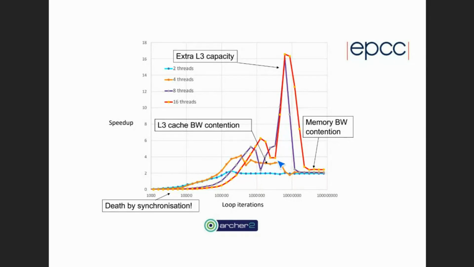So the fact that we get just over a speed up of 3 rather than 4 here is because we're contending for the bandwidth of the level 3 cache. And then as we get bigger, eventually that array doesn't fit in level 3 cache at all, and then we end up contending for memory bandwidth, and the speed up drops to about a value of 2.